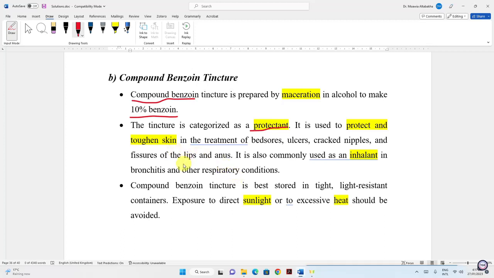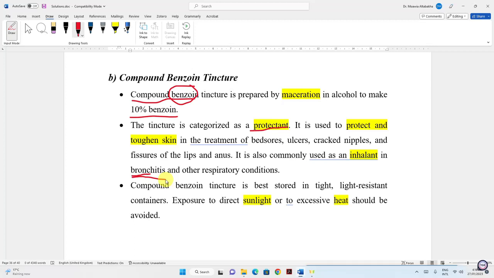It can also be applied to lips when there are fissures, meaning broken skin, and to the anus for the same purpose. In addition, benzoin has a smell, and when you add it to warm water, you can smell it. It can be used as an inhalant in cases of bronchitis and other respiratory conditions.